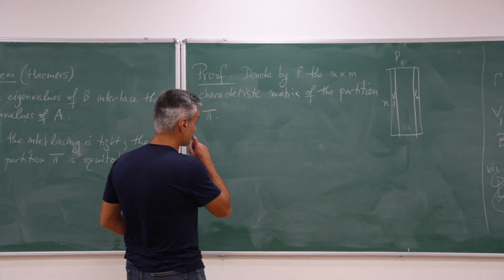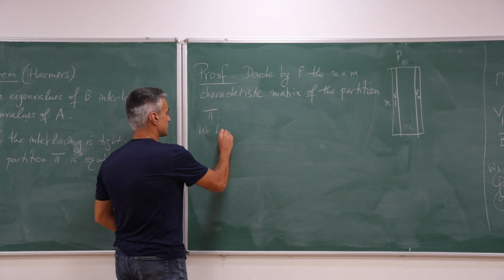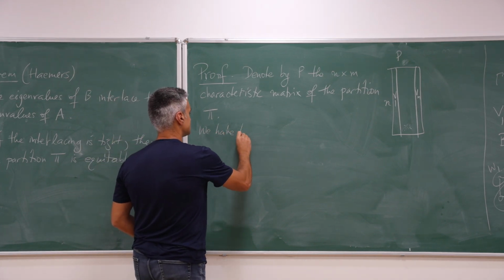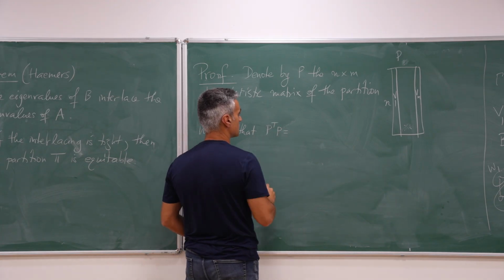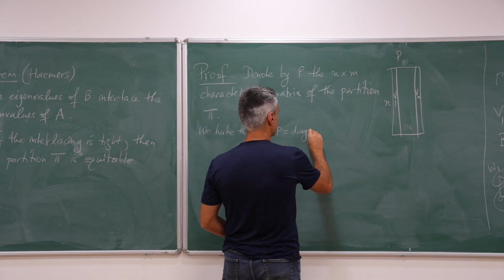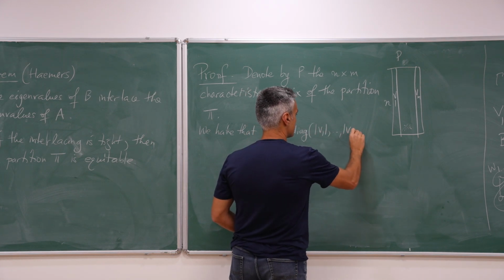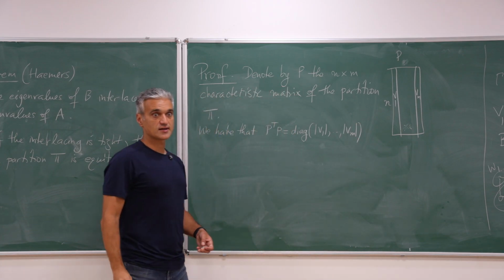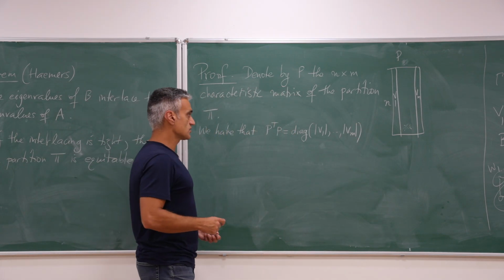Okay, so first let's write this. We have that P transpose P, we've done this calculation a few times, is going to be the diagonal matrix with the cardinality of V1, ..., cardinality of Vm on the diagonal, because the columns are orthogonal.